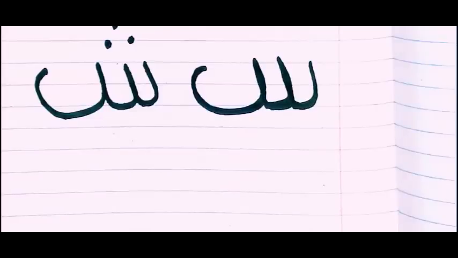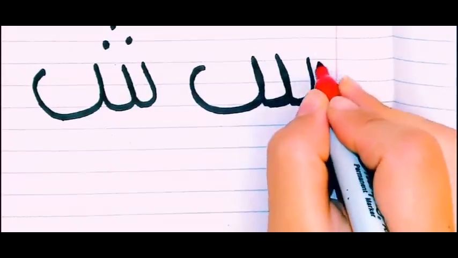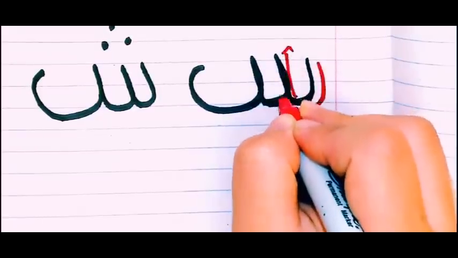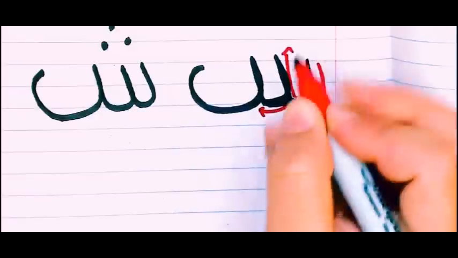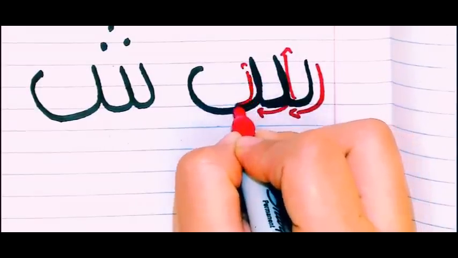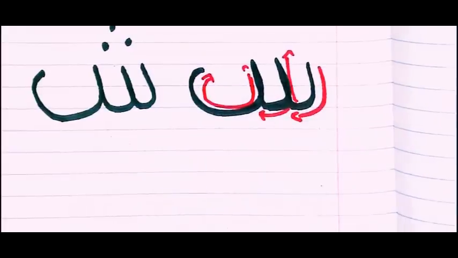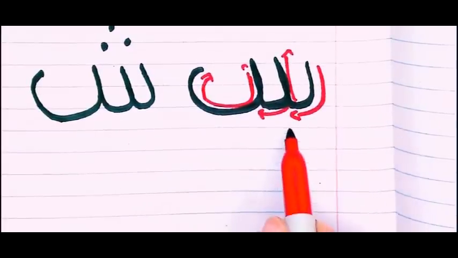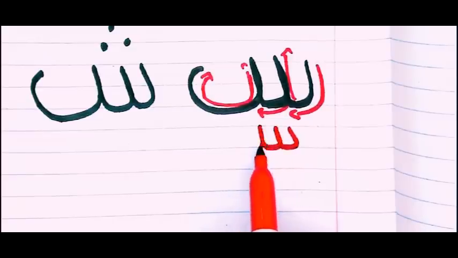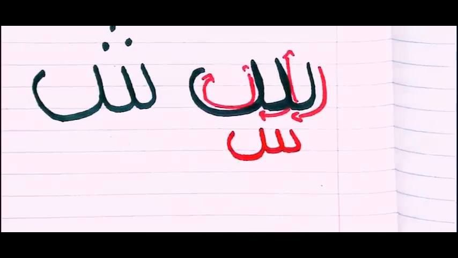So we've got seen. You start this way, and you go up again, and then you go down. Then you go up, and you curve it all the way again. I'm going to write it underneath. One, two, three, and you do the little curve.